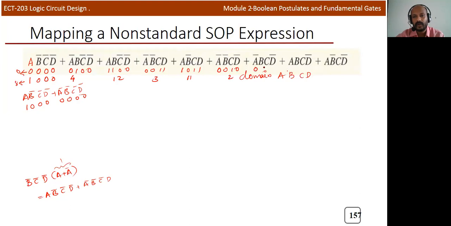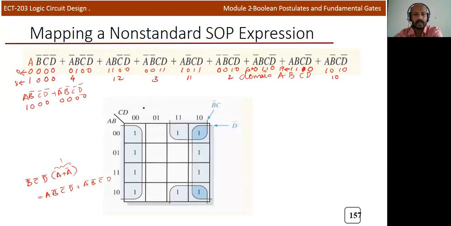Here 0, 1, 1, 0 is equivalent to 6, then 1, 1, 1, 0 indicates 14, and the last term, 1, 0, 1, 0, is equal to 10. So we need to include all these terms in the K-map.